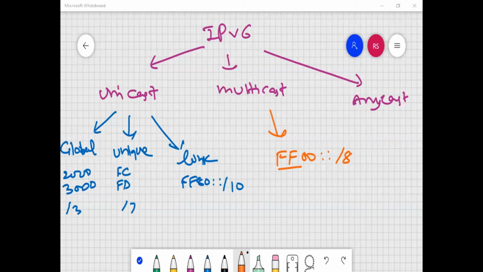If I go to the anycast, anycast doesn't have any specific range. But we can add a keyword anycast at the end whenever we are providing any kind of IPv6 address on our interface, and that will be treated as anycast.